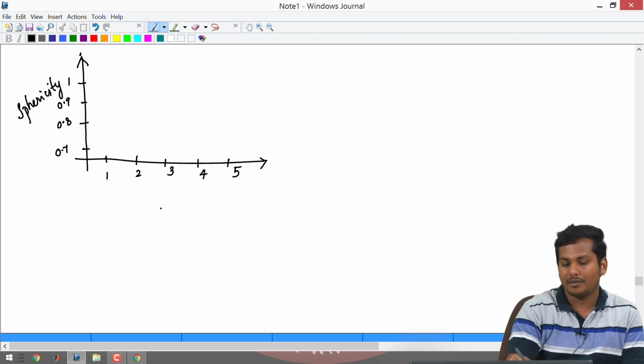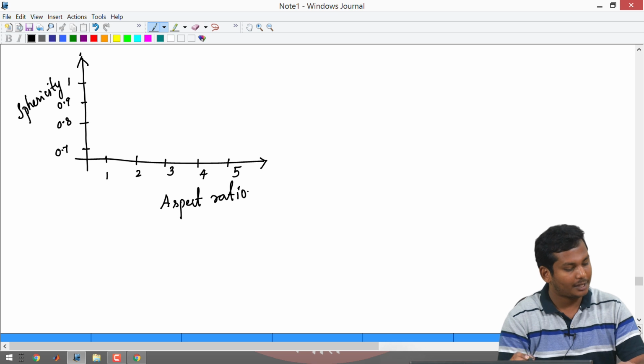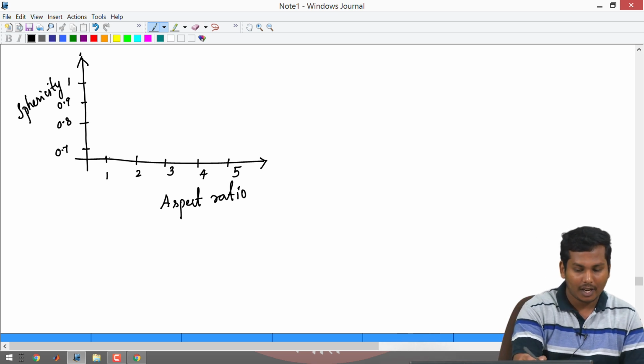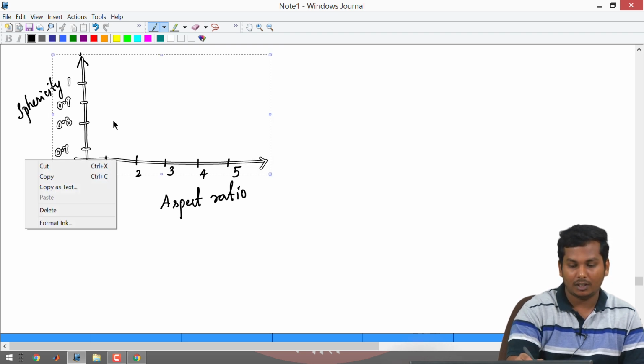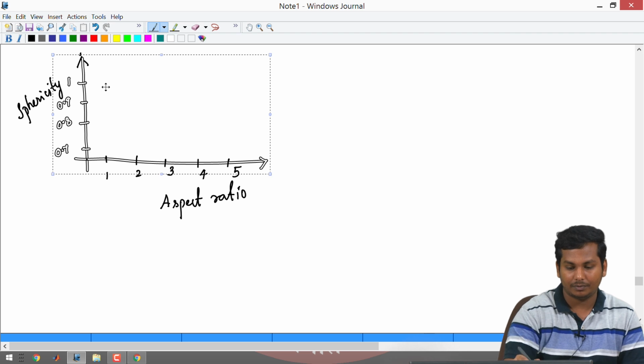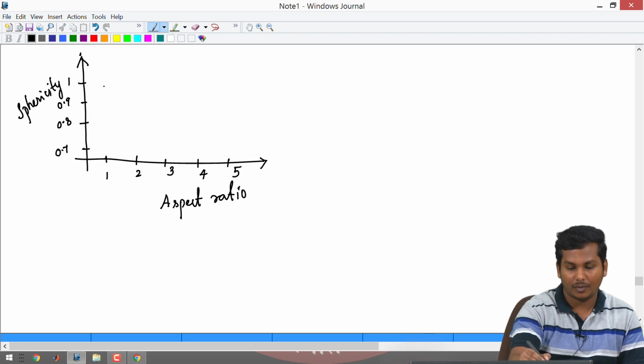So, in the x axis we have aspect ratio and in the y axis we have sphericity, and for the first one the aspect ratio was 1.3 and comes out to be here, 1.3. For that the sphericity is around 1, which is 0.9845, something around there.